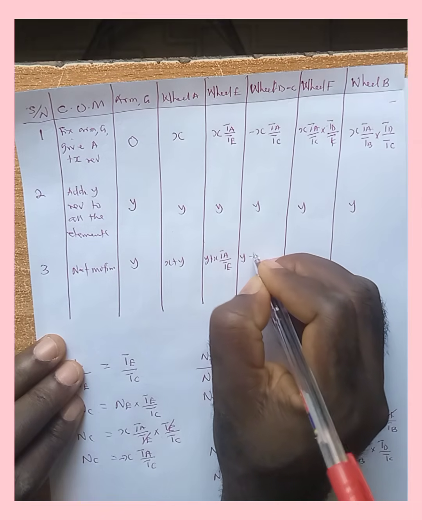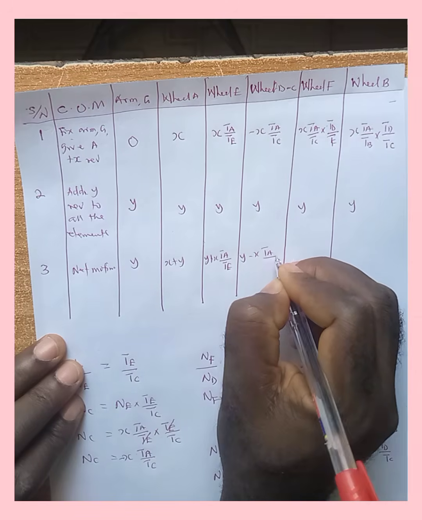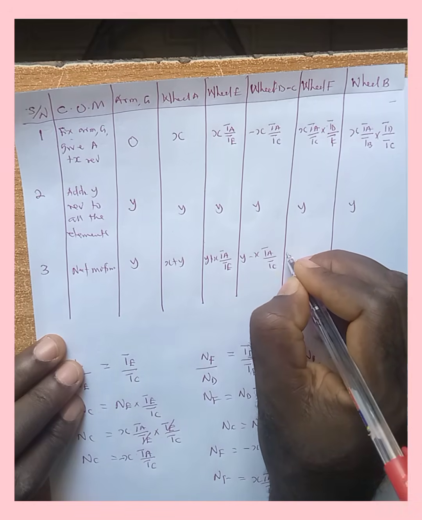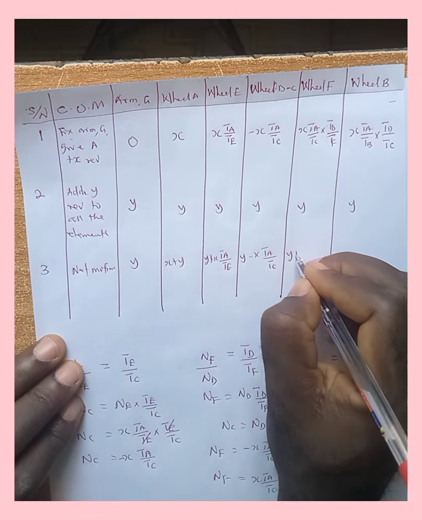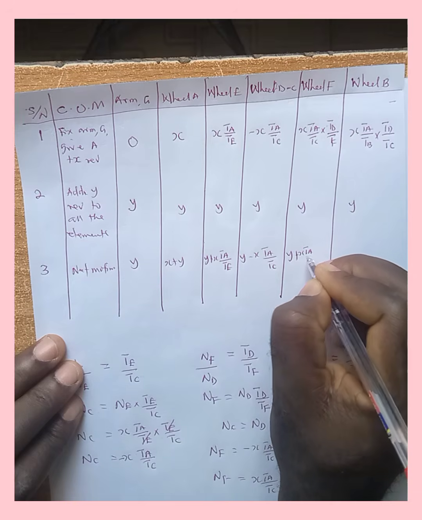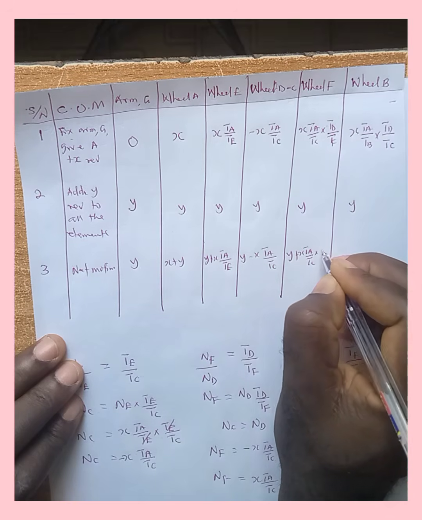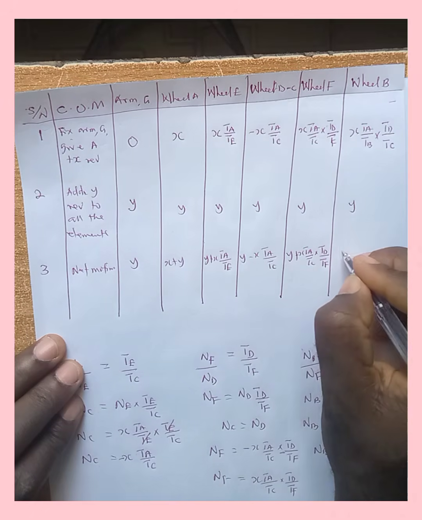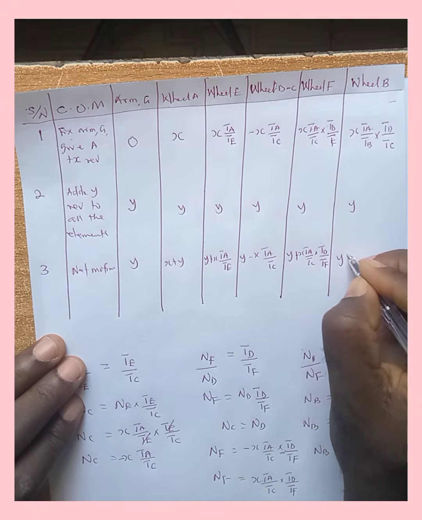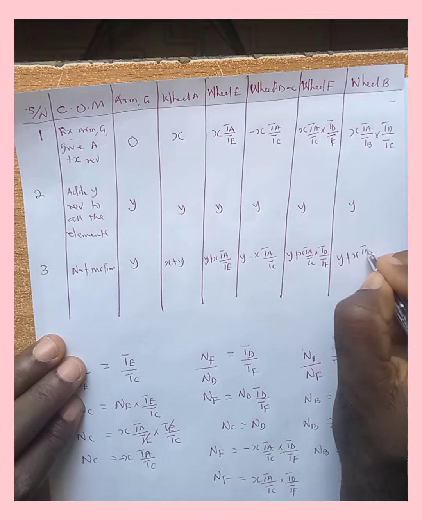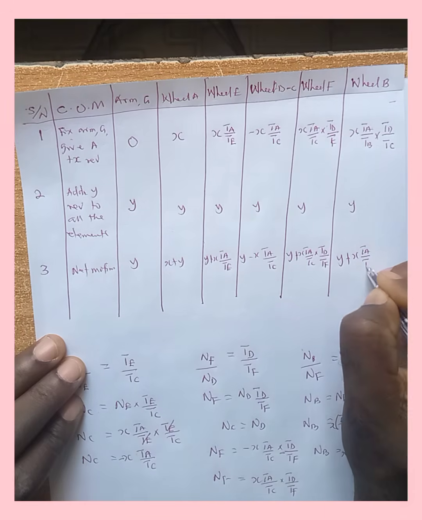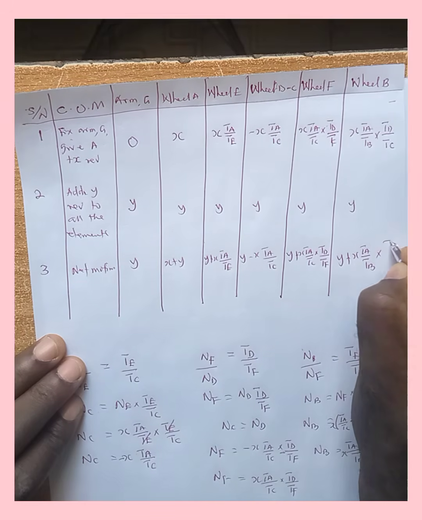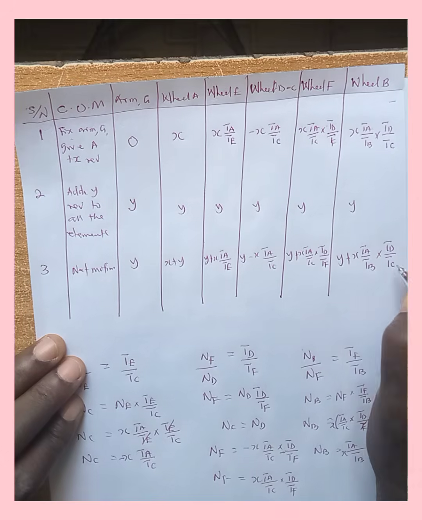Here we have Y minus XTA over TC. Here we have Y plus XTA over TC multiply TD over TF. Then here we have Y plus XTA over TB multiply TD over TC.